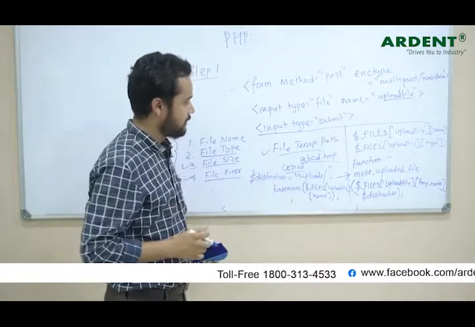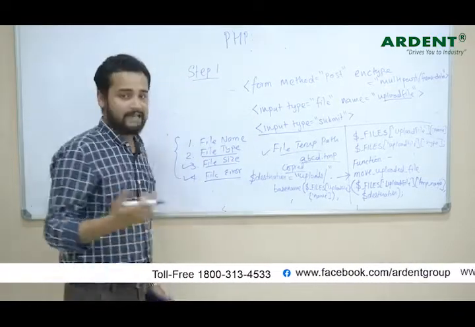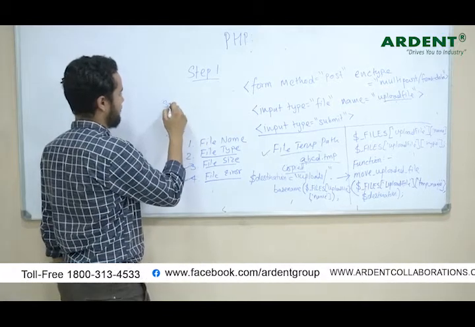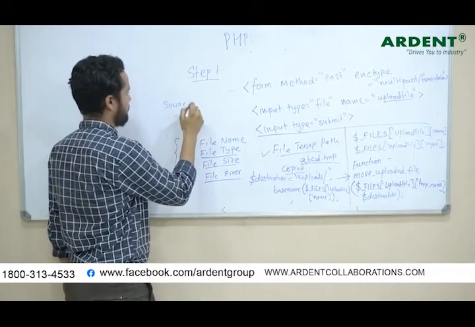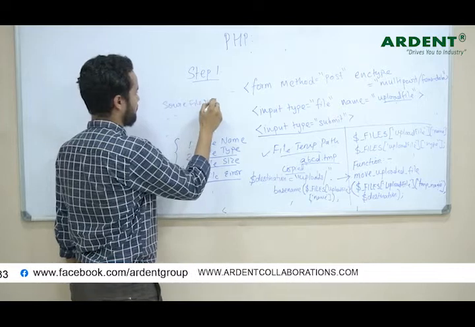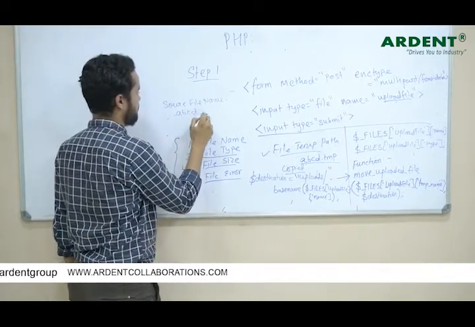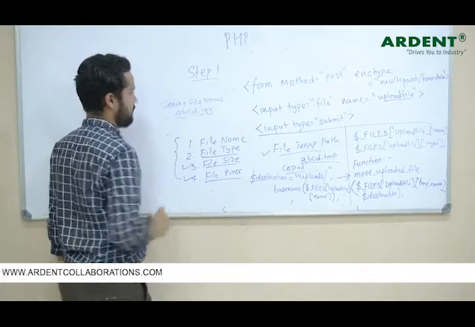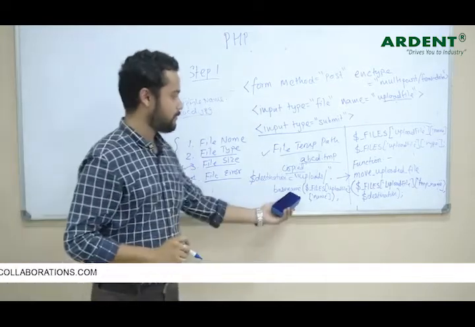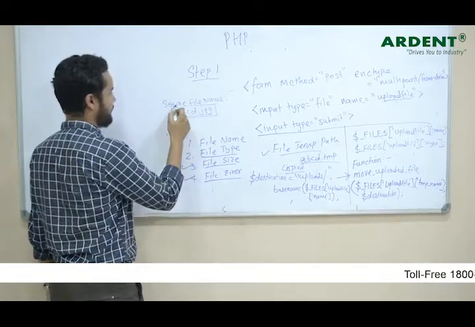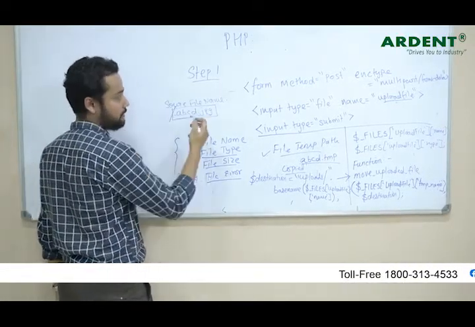So what will happen? Whichever your file name was. Let's imagine our source file name was, let's say, abcd.jpg. Now what will basename do? Basename will take this particular name. What if there are a few slashes before or after?